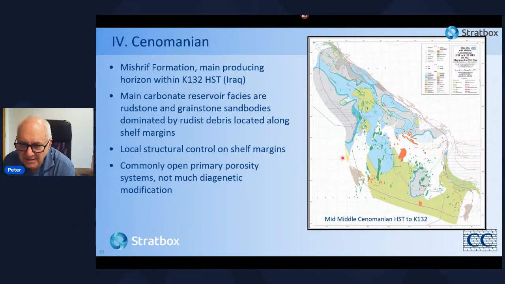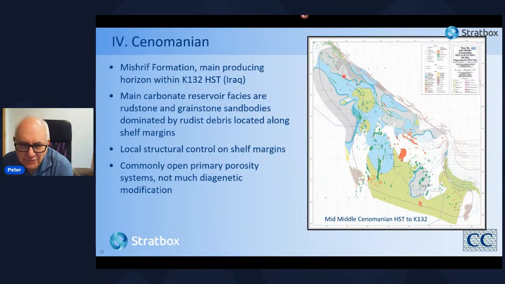And this is the palaeogeographic map of the K132 highstand. And the main reservoir quality is found in rudstone and grainstone sand bodies dominated by rudist debris along the shelf margin. So again, it's these zones here, the shelf margins surrounding the shallow water carbonate platform and the intrashelf basins through here.